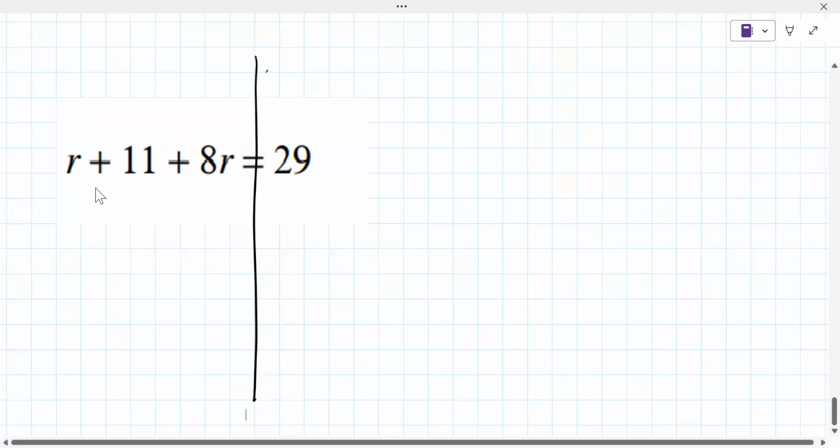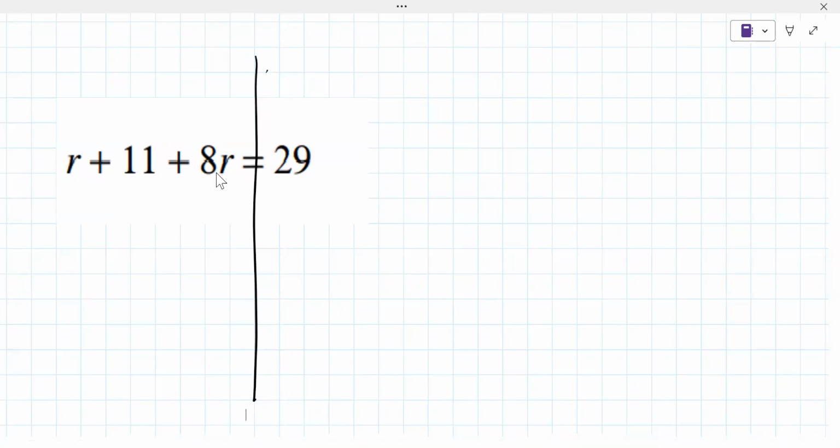And notice they're on the same side of the equation, so you can add the r and the 8r first. It'd be a 1 technically in front of the first r, so it'd be a 9r. So it'd be 11 plus 9r equals 29.